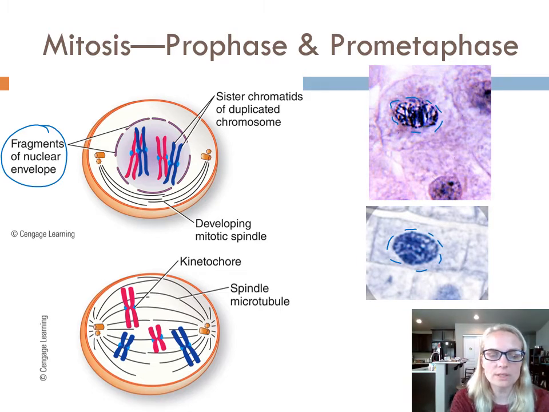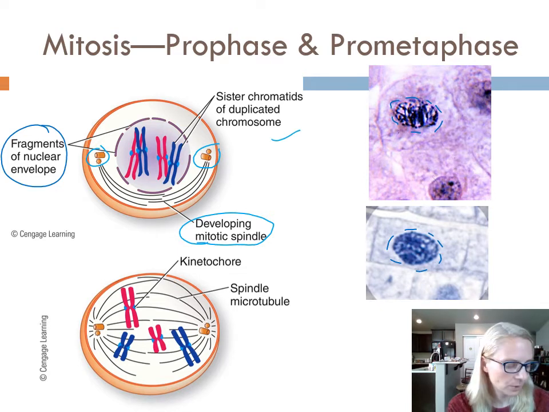We also start seeing the centromeres. Let me get on my pen here. We're starting to see these guys, the centromeres, divide or move to opposite ends of the pole, and the spindle fiber is starting to develop. So lots of things are happening. So nuclear envelope is breaking down.